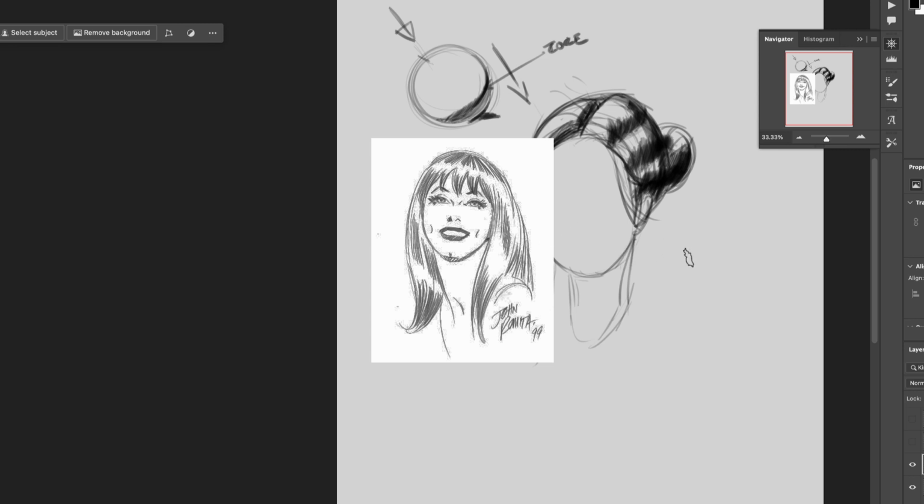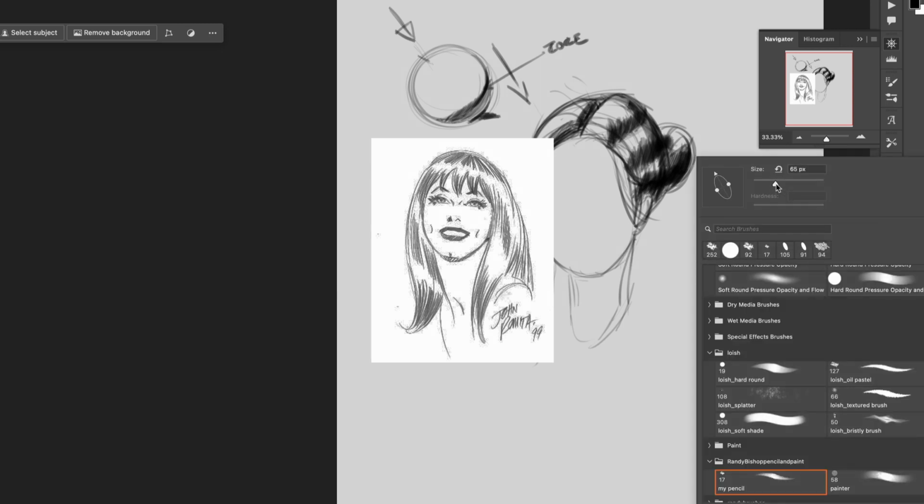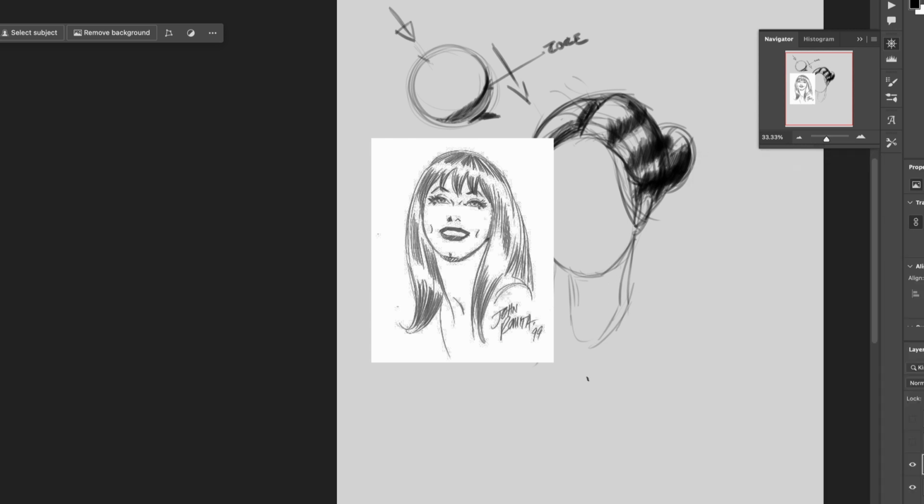Now in American comics, traditionally the light source is coming generally from the left corner at the top. In other words, there's no real rendering or shading in the face, so the light is relatively even.